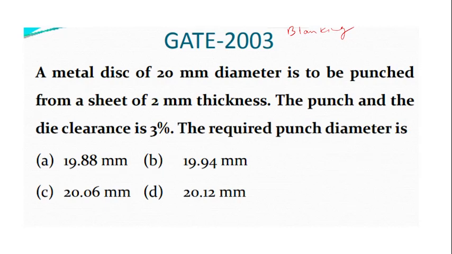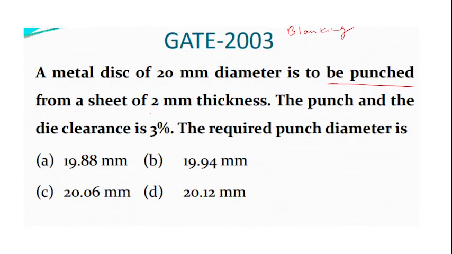Yeah, but see, in most of the blanking questions you will get this same language, that a metal disc of 20 mm diameter is to be punched. If you feel it is punching, then you will do it wrong. This is a blanking operation because it is shown that your metal disc is important. So that is a blanking operation.